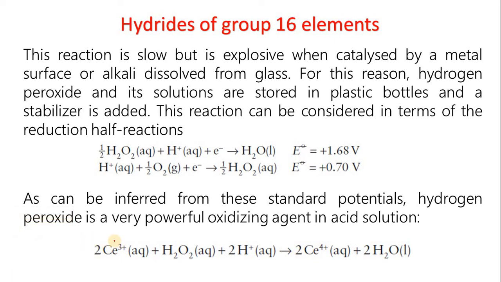So going from cerium plus 3 to cerium plus 4, there is oxidation, and H2O2 itself is reduced to water. If you check the oxidation state of oxygen here and here, you will find that there is a reduction of the H2O2 molecule, and there is oxidation of the cerium plus 3 salt to the cerium plus 4 salt.